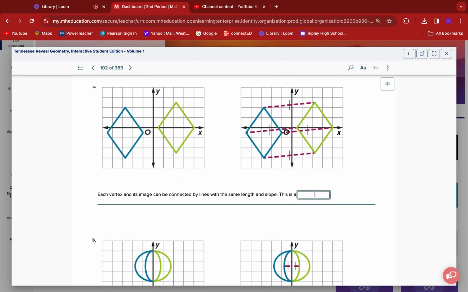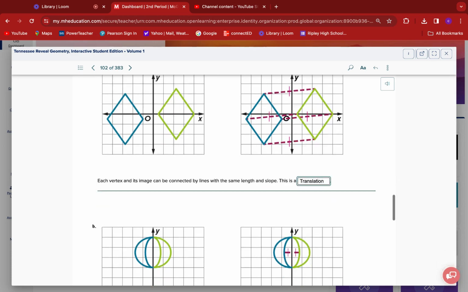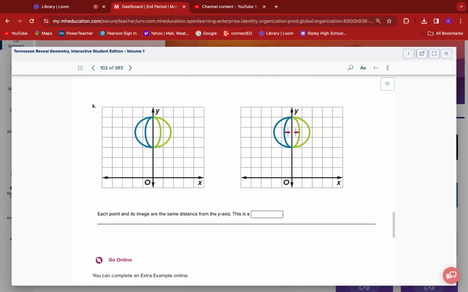So that's a translation. All right, for this one, looks like I'm flipping it around and around and around. So the y-axis. Okay, so yeah, it's a reflection. Just flipping it over the y-axis over and over again.